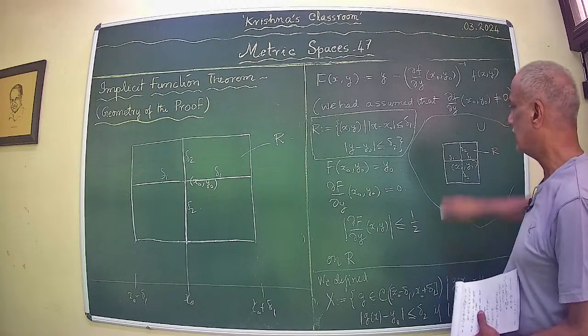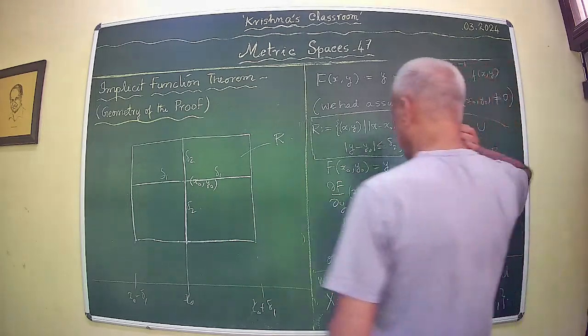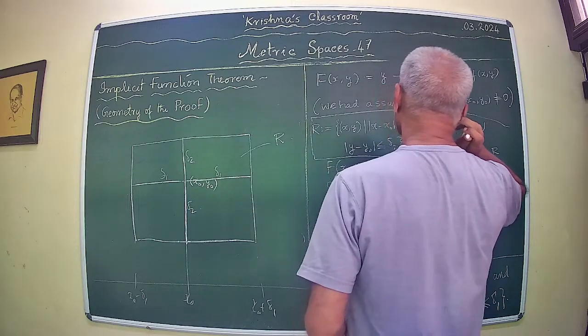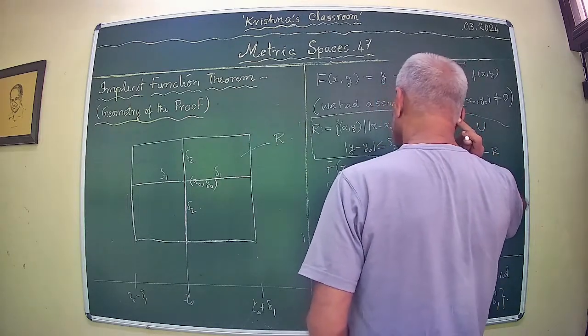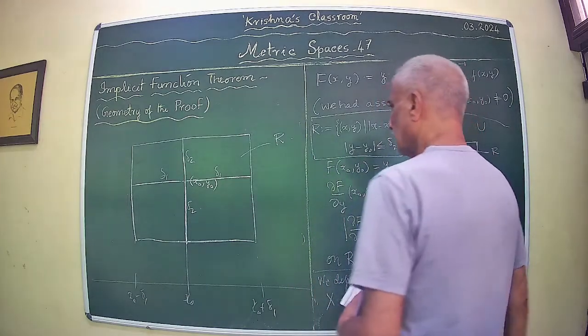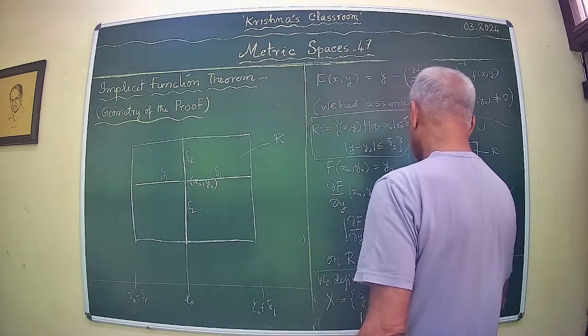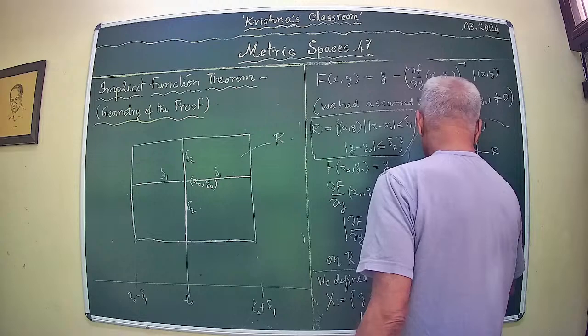Now the conditions say that you have a continuous function. A typical member of this collection X is a function that is continuous on this interval passing through the point x naught, y naught.